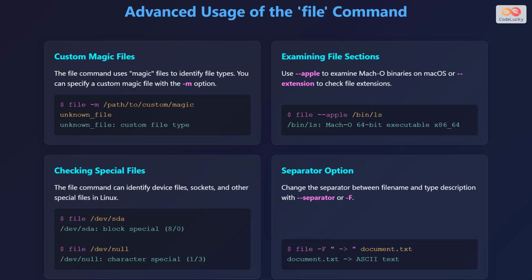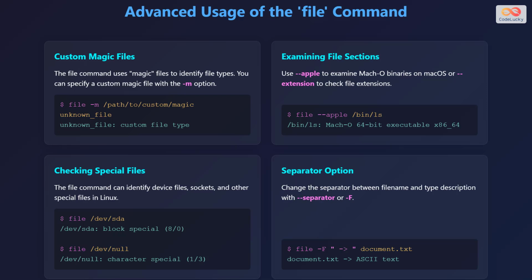You can use the --apple option to examine Mach-O binaries on macOS, or the --extension option to check file extensions. For example, file --apple /bin/ls will output Mach-O 64-bit executable x86_64.